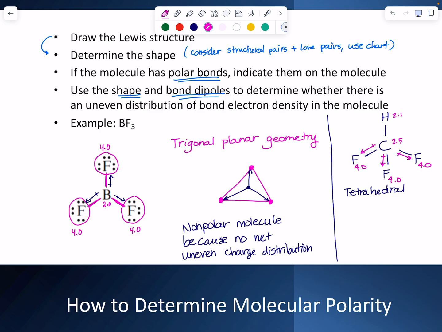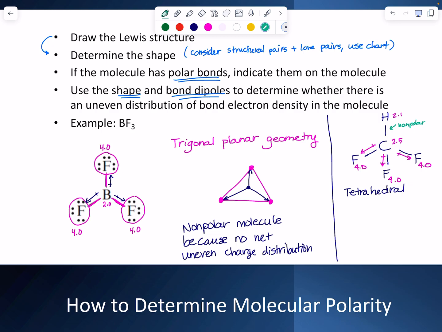So there's our bond dipoles. And then if I look at my carbon-hydrogen bond, we typically think of carbon-hydrogen bonds as nonpolar because the electronegativity values are very close. They're 0.4 apart. That's really, really close. So we're going to call this a nonpolar bond.